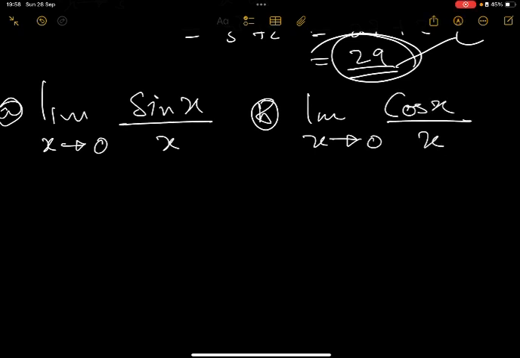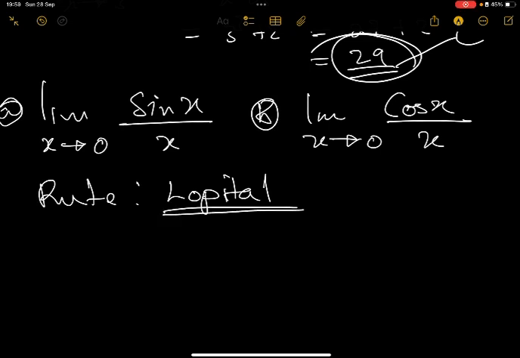Something like this. Then the first stage that you have to do is to differentiate, using L'Hopital's rule.